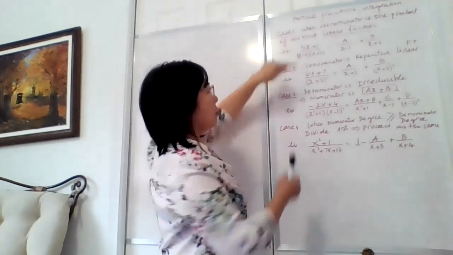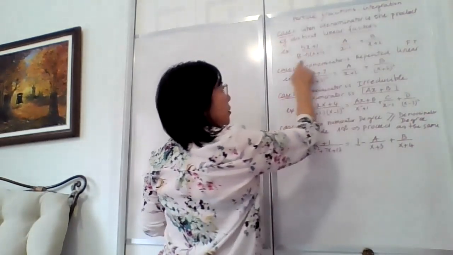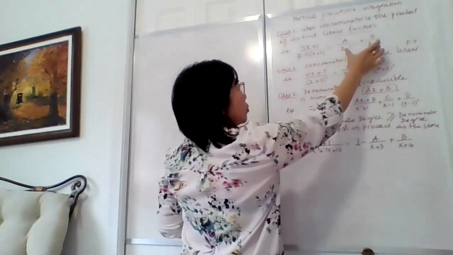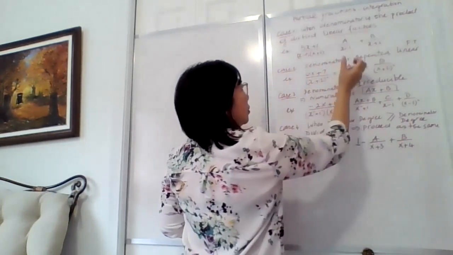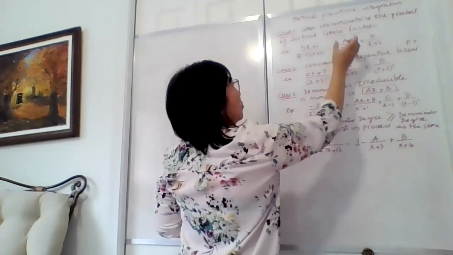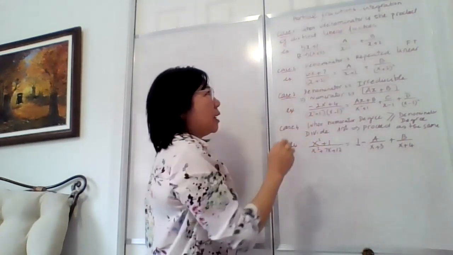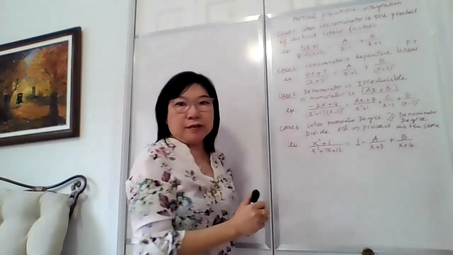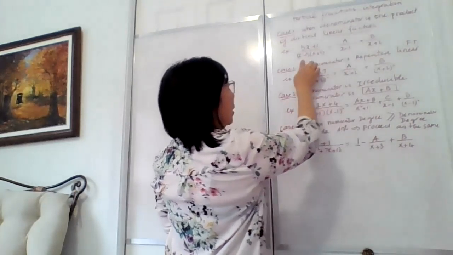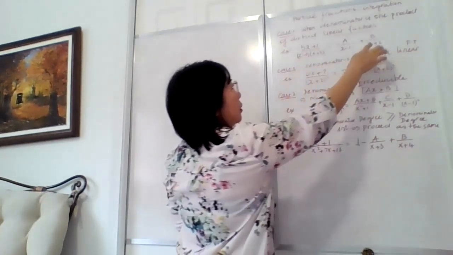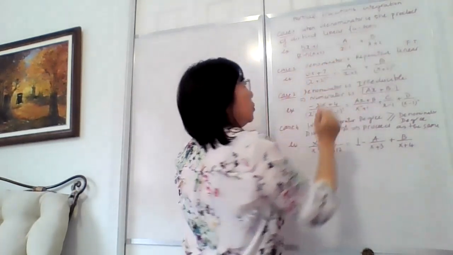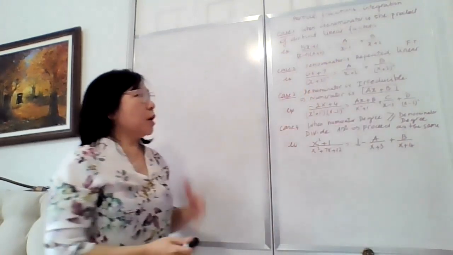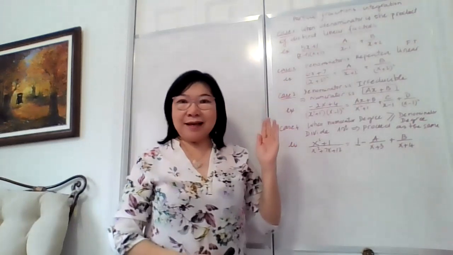So in this case, if you see linear factors like this, with degree 1, you will break the fraction into two fractions. On the top, you will put a big capital A, divided by the first denominator, adding big capital B divided by the second denominator. And why do we have A and B like that?